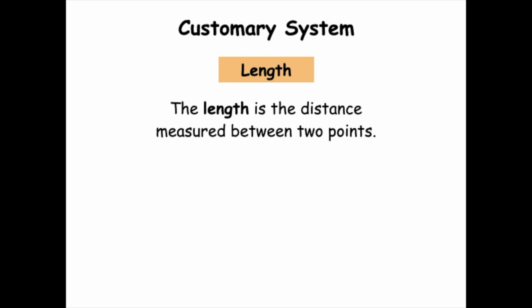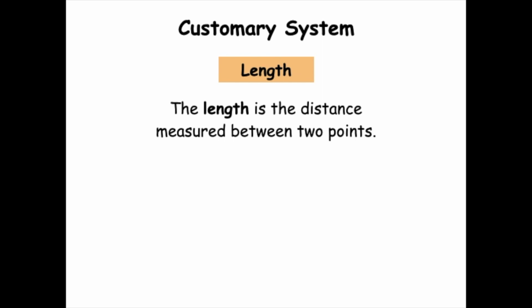So the customary system, specifically today, we're talking about length. The length is the distance measured between 2 points. So from point A to point B, the distance between them, whether it's from your house to school or from one side of your bed to the other side of your bed.